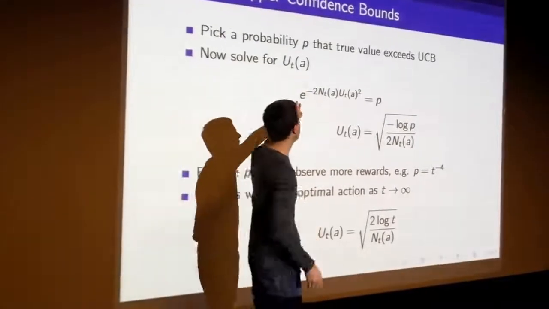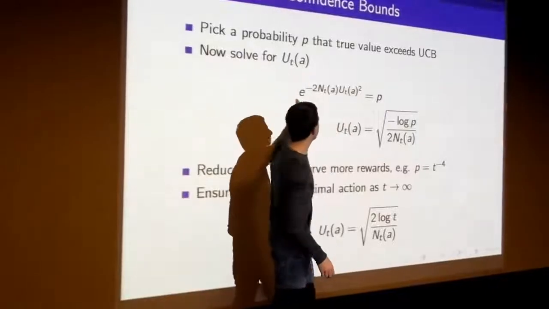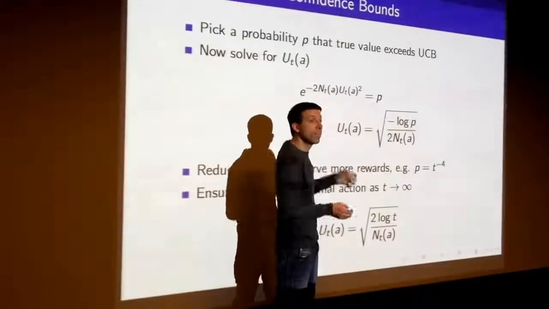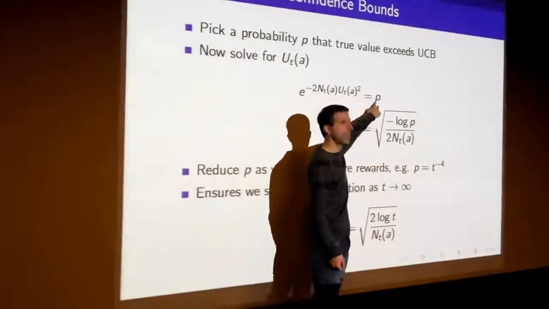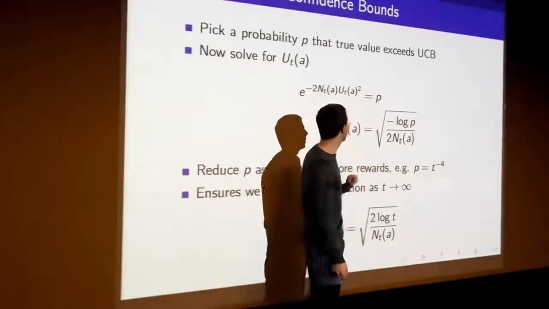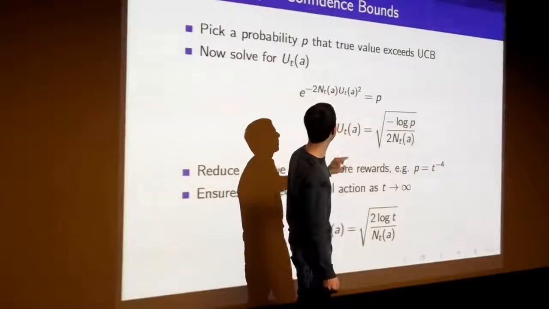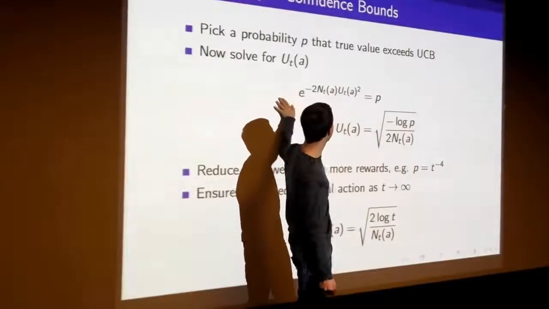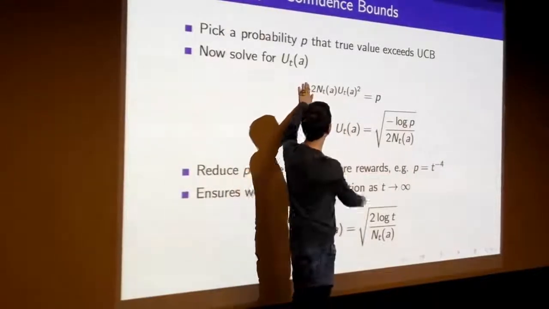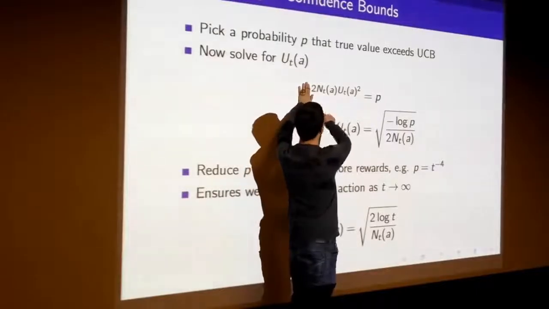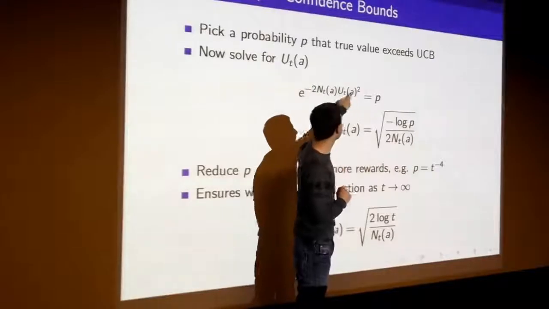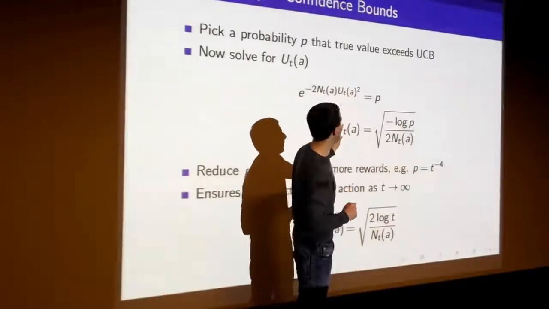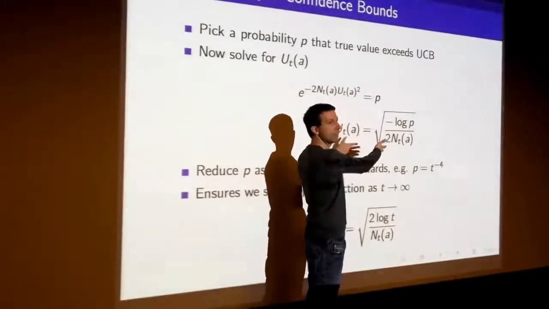All we do is set the right-hand side of our Hoeffding inequality, which is the probability that we make that mistake, to some value, like our 5% interval, and solve for u. To solve for this, we just take logs, which gives us this. We divide through by minus 2n, and we take a square root. That gives us this upper confidence value.